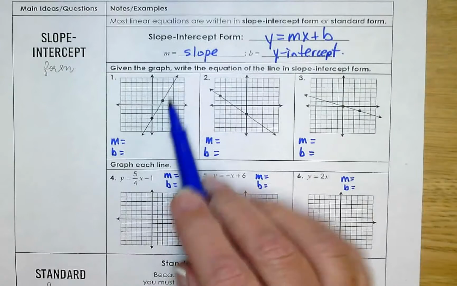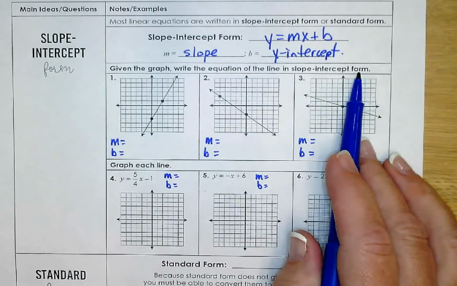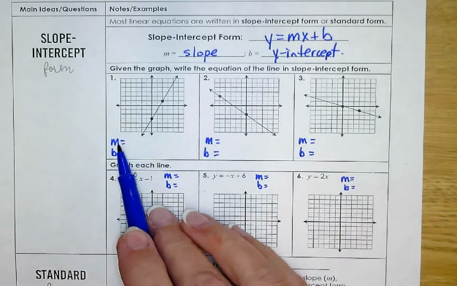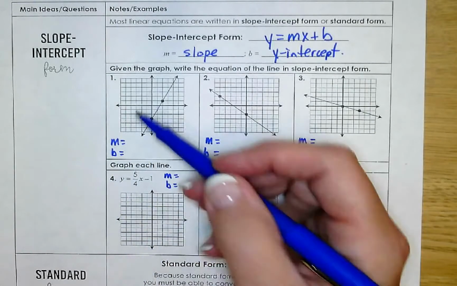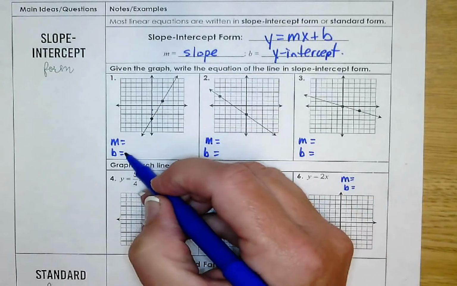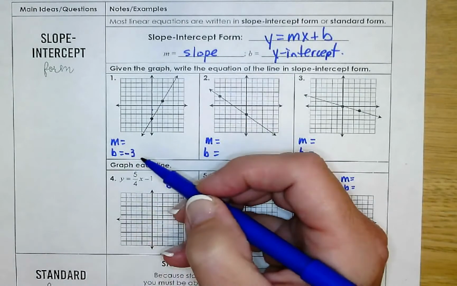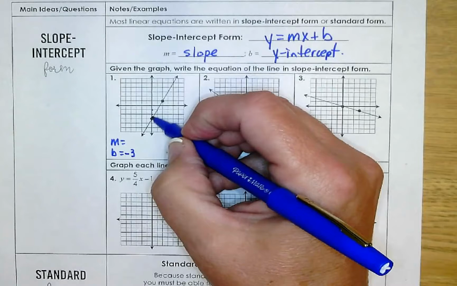So on these first ones, they give us a graph and they want us to write the equation in slope-intercept form. So I basically need two things to write the equation. I need the slope and I need the intercept. When I look at this picture, I can see that it intercepts the y-axis at -3. And the slope, because it's on a graph, I have to use the counting method.